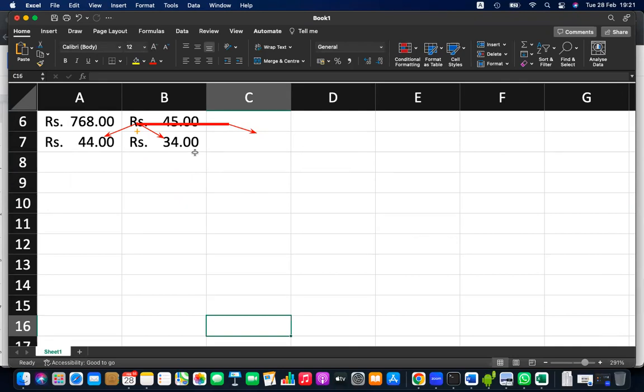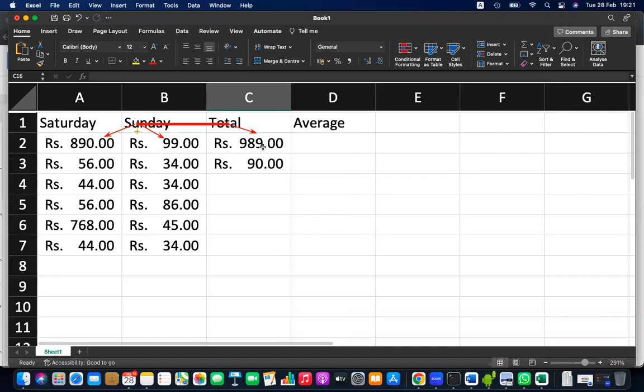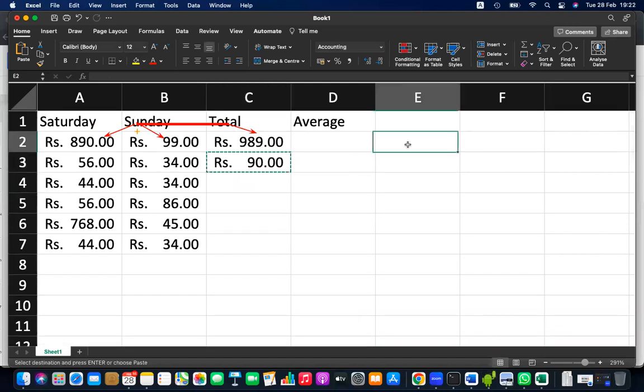Yes or no? What if I copy this to somewhere here, E2? If I copy this to E2, is it A2 plus B2, or something else?